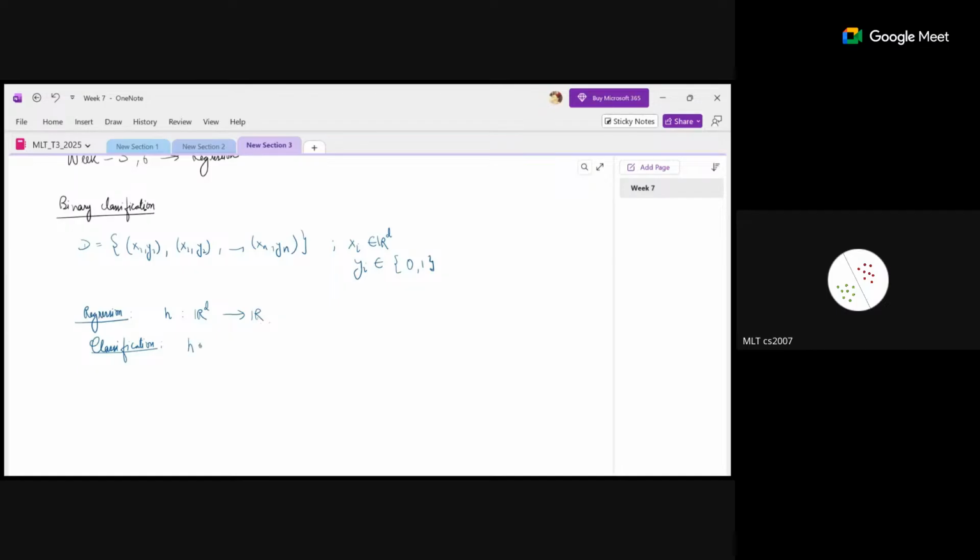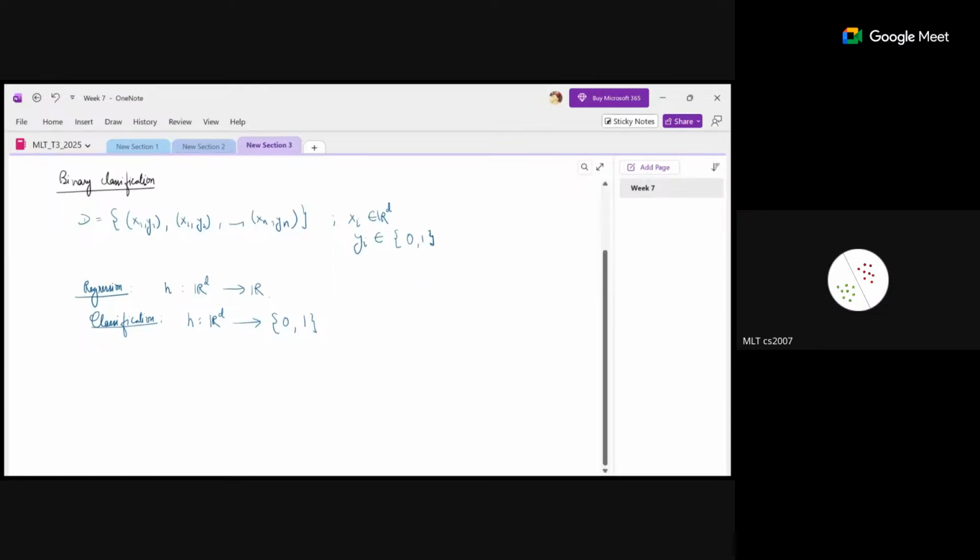We want to just predict a label. So it takes input in R^d and gives us either 0 or 1, because my yi's belong to {0, 1}. This is our goal in the binary classification problem: we want to find out what this h is, right? So that is the setup.